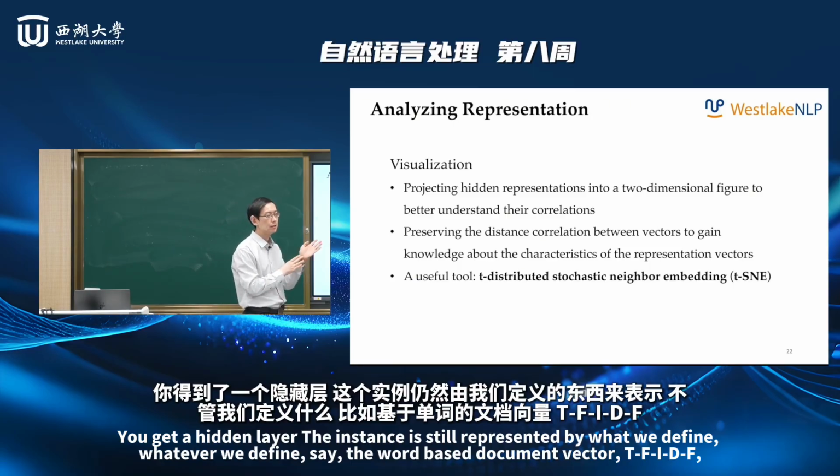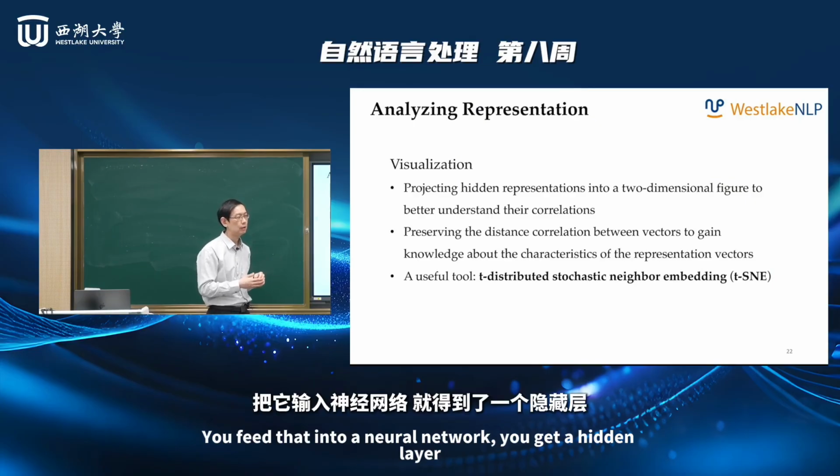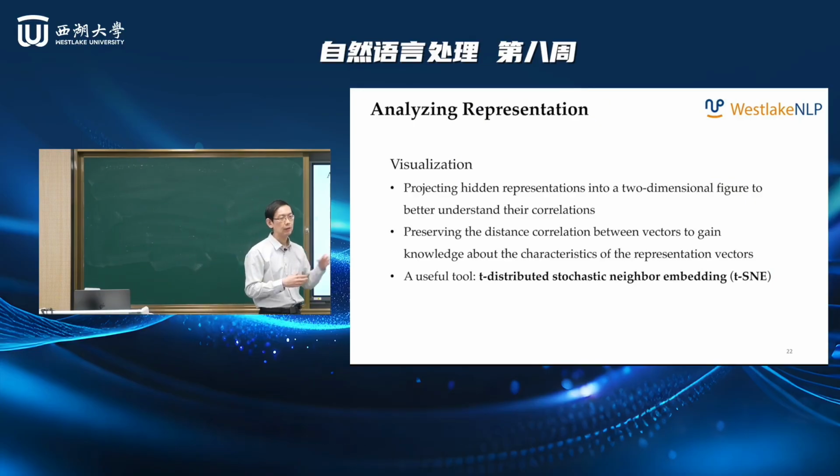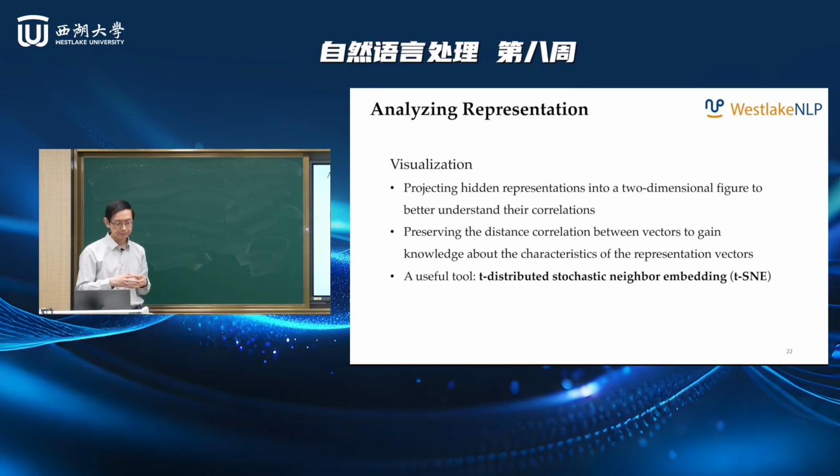The instance is still represented by whatever we define, say the word-based document vector TF-IDF. You feed that into your neural network, you get a hidden layer. If you calculate this for a lot of instances, we can try to visualize them.